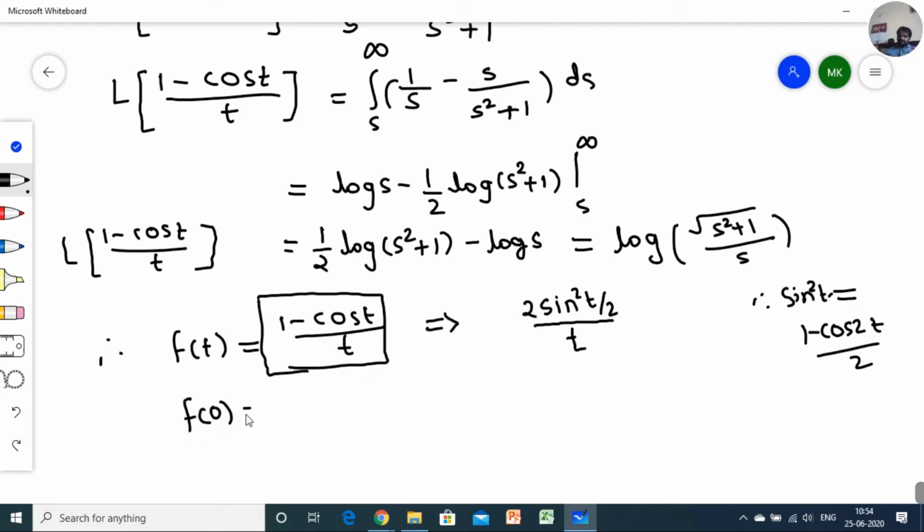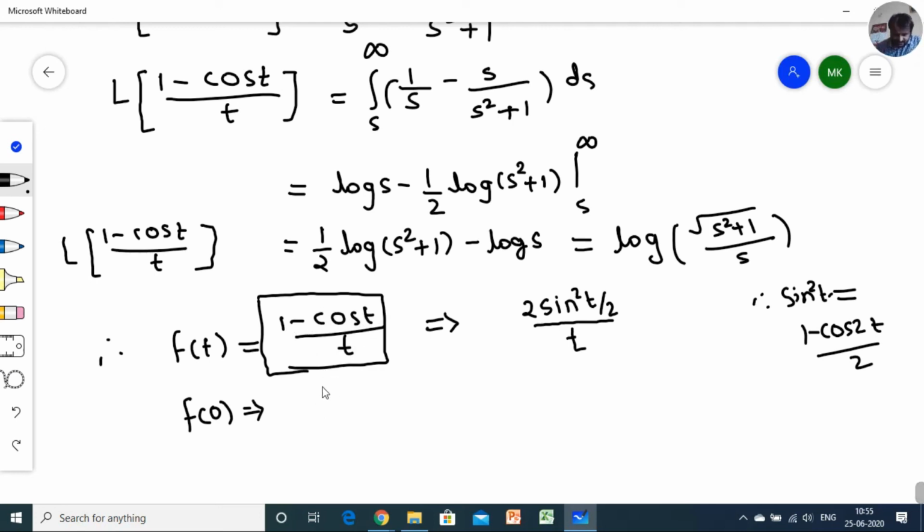So for f of 0 we can substitute here cos of 0, and cos of 0 is equal to 1, so 1 minus 1 is 0, and this comes as 0 as it is. So we can write this part as 0.